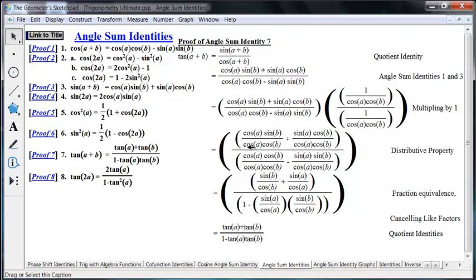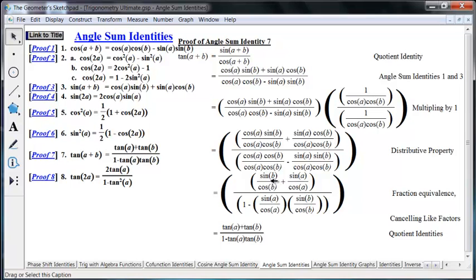So we cancel out the cosine A's and we get sine B over cosine B here. Here the cosine B's cancel, you get sine A over cosine A. Here everything cancels, so you just get 1. And nothing cancels here, but I'm just going to group it as sine A over cosine A and sine B over cosine B, because that's how we multiply fractions, sort of going backwards.